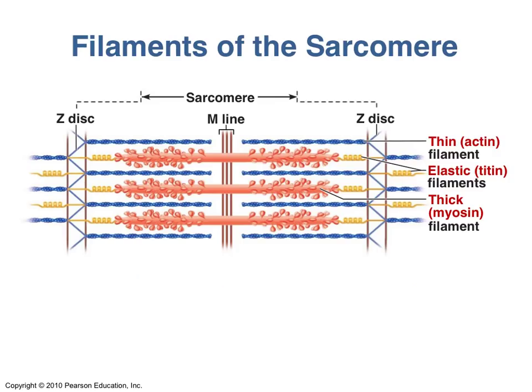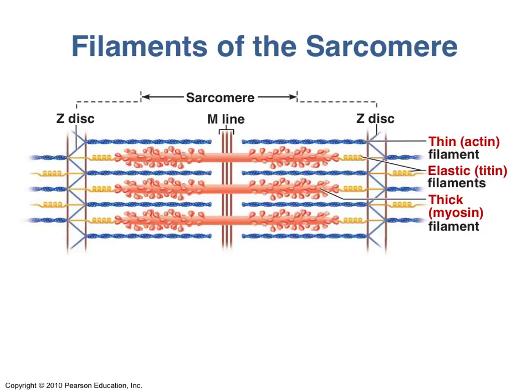This is a more detailed view of the sarcomere. Again, we're looking at the cartoon version. This isn't what you'd actually see unless you had an incredibly powerful microscope. In a few slides, we'll see what the sarcomere actually looks like under the microscope. So here we have a sarcomere. It's extending from Z disc to Z disc. You can see there are some accessory proteins forming kind of an anchoring point at each Z disc.